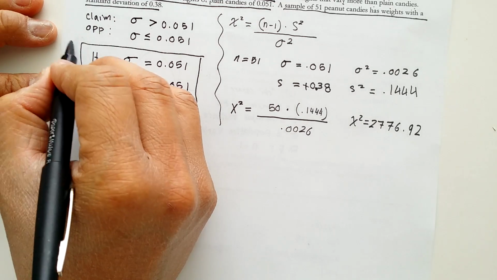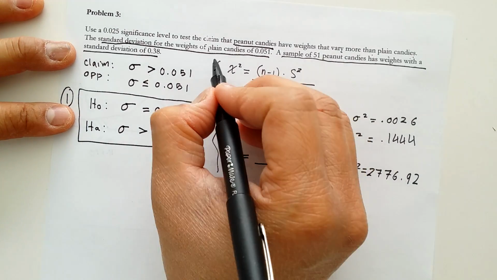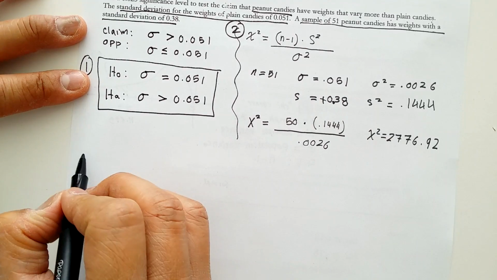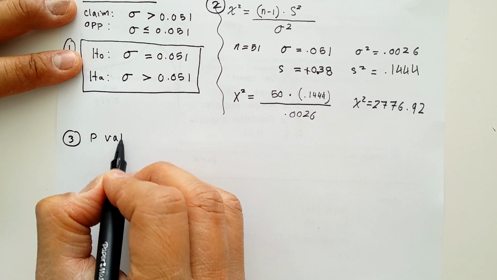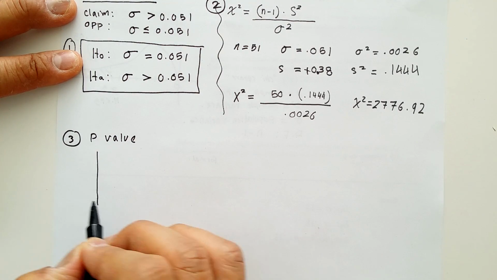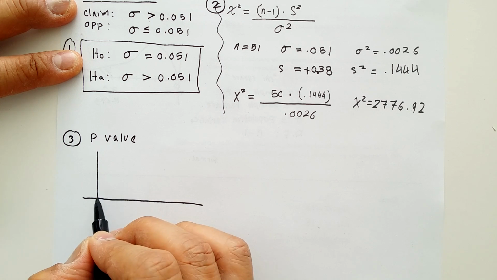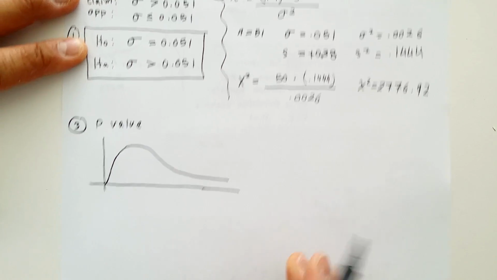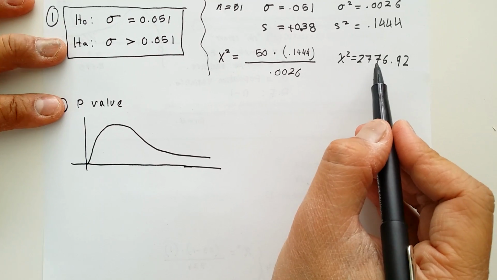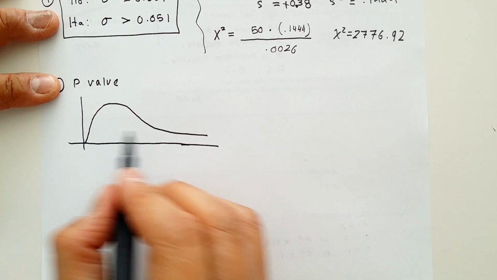So here's step 1, here is step 2, and then we move on to step 3, which is the p-value. To find the p-value, start by sketching a chi-square distribution, which will look like that. Mark 2,776.92.